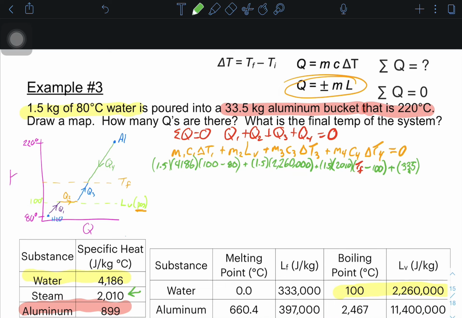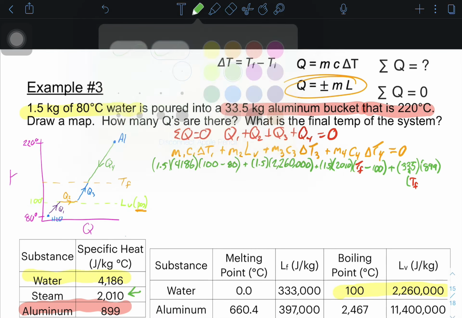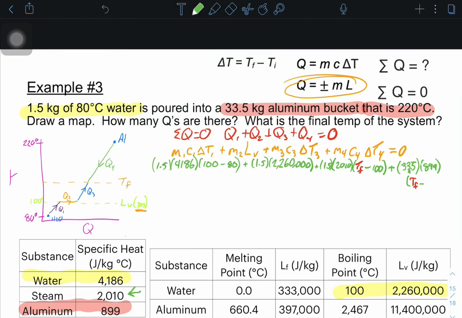But we can go 33.5 times the specific heat, which is 899, times our TF of aluminum, minus what the aluminum started at, and it started at 220 degrees, which is well below, keep in mind, the melting point. So we can set that equal to 0.